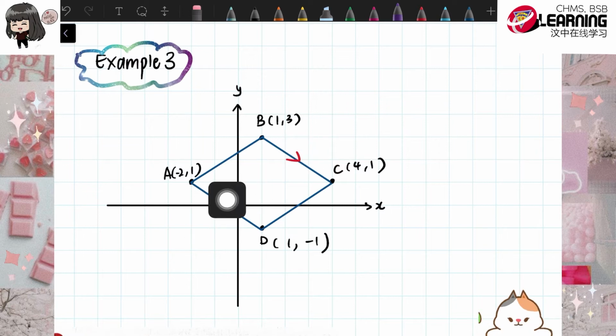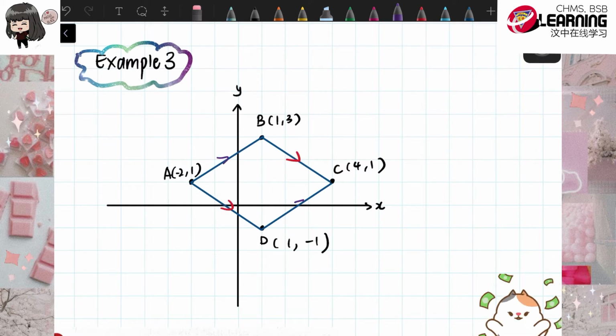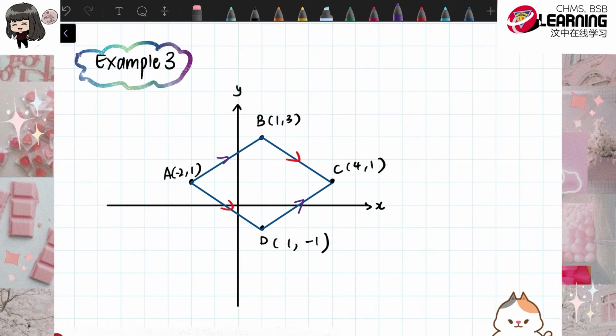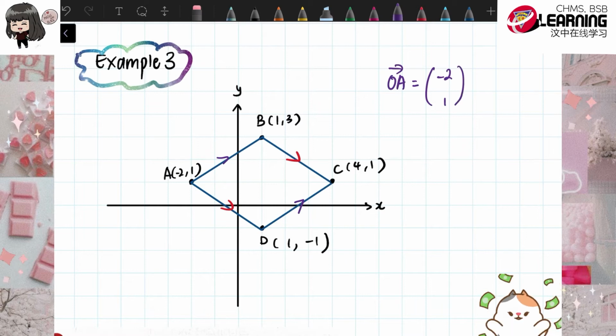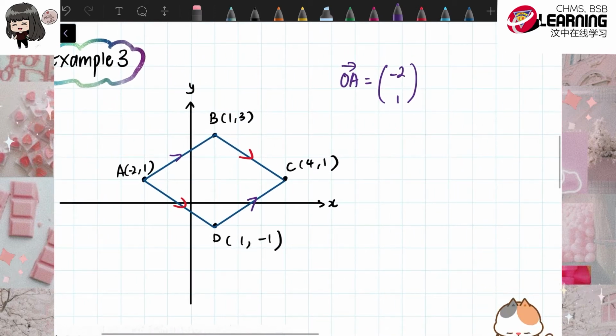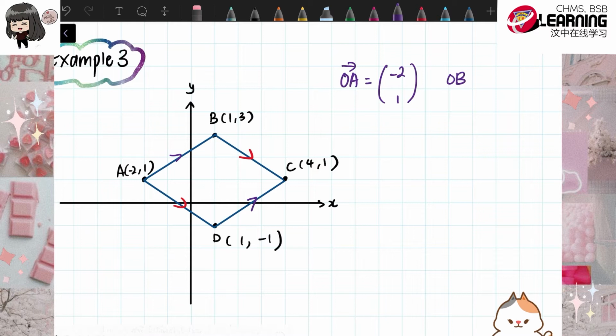This is one of the pairs, and this is another pair. If I ask you to find the position vector of A, it's the same as the coordinate, which is this. And the position vector of B, position vector of C, and position vector of D.